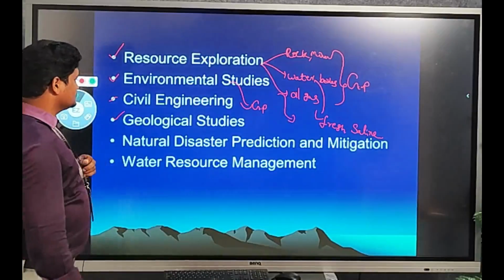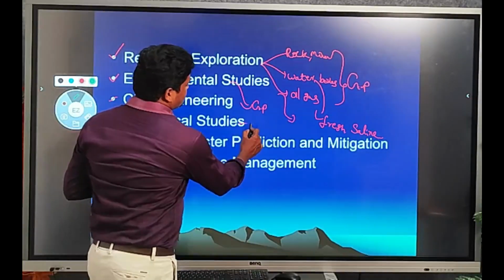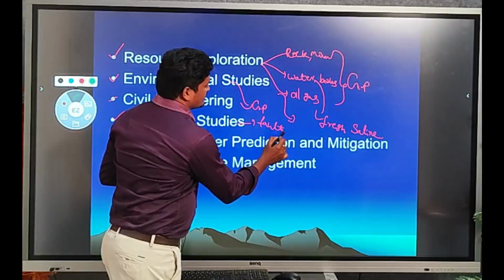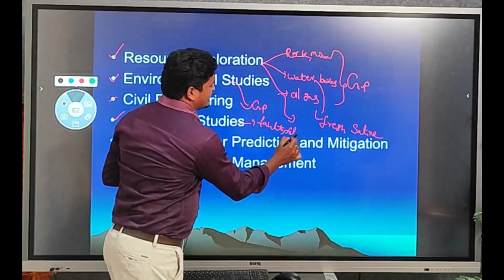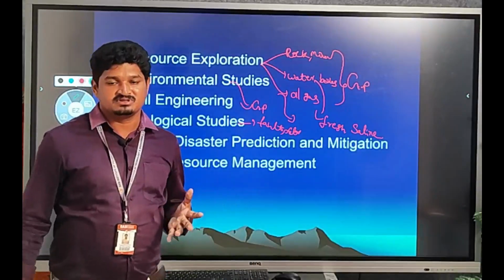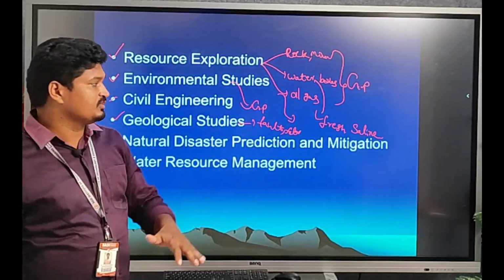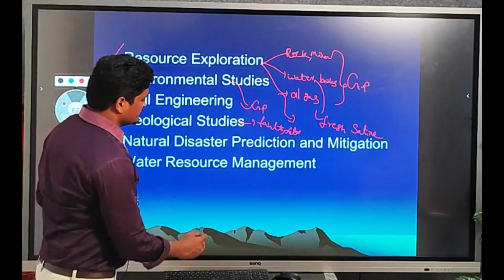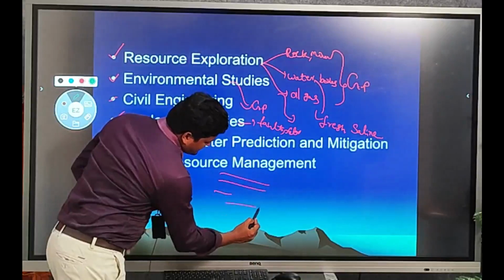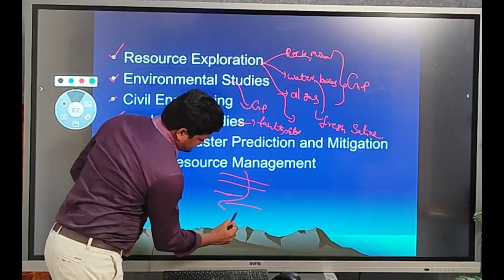Structures means, for example, if you find a fault and fold, the earth has dynamic features. If you look at one particular flat area, we are unable to see the fractured zones that develop underlying the rock masses.